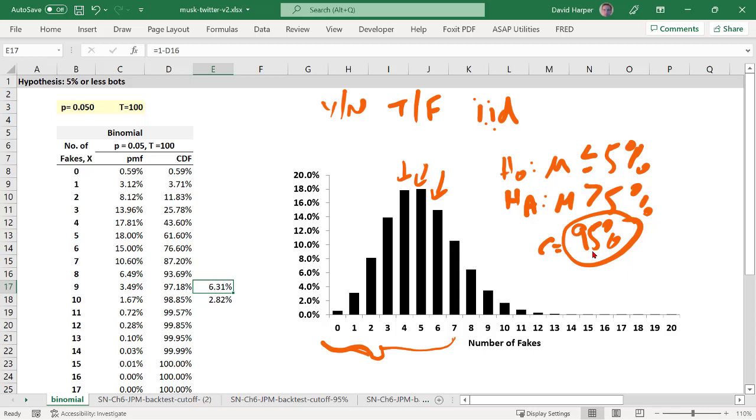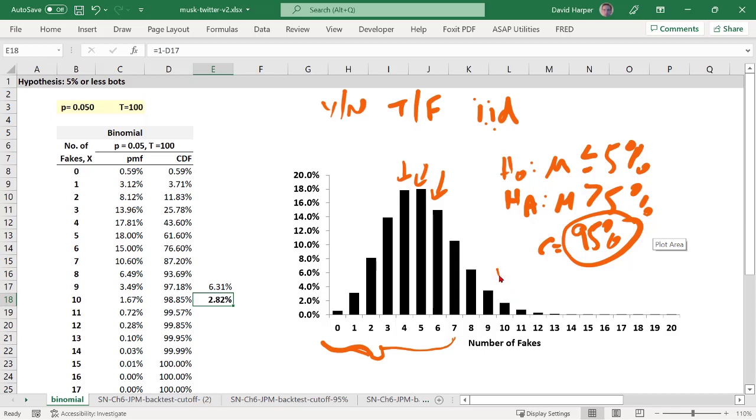Typically, we need 95 or more. And so let's go down to a cutoff of 10 or more, and let's draw it there, because the area in the right tail is only 2.82%. So we're going to get greater than 95% confidence, but we have a discrete distribution and there are some subtleties here in our selection and actually some choices that I'm not going to get into.